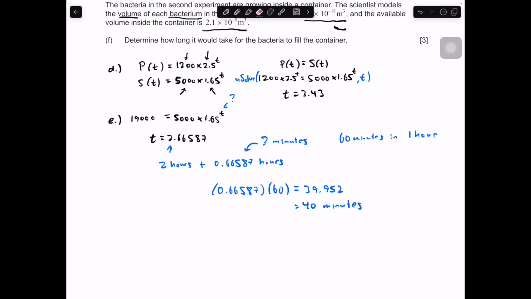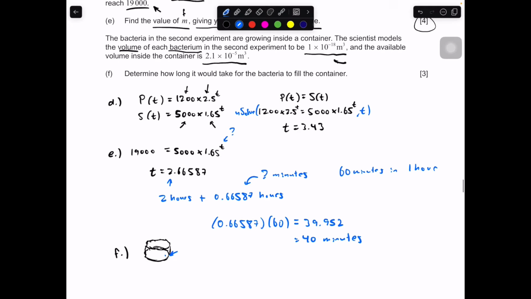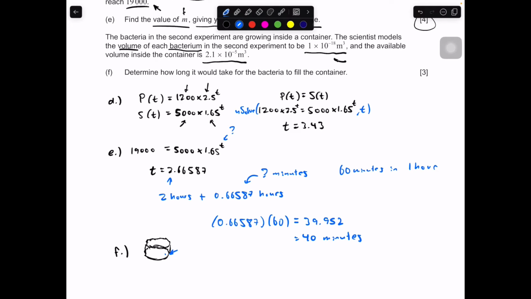So here we are on part F. What is going on here? So we have some kind of container. Let's just say here it is, something like this. So we've got some container, and there's some little bacteria. And one of these individual bacteria has a volume of 1 times 10 to the negative 18 meters cubed.